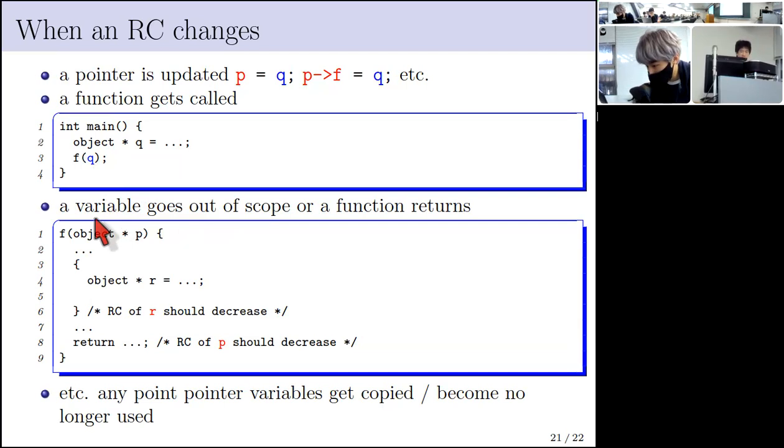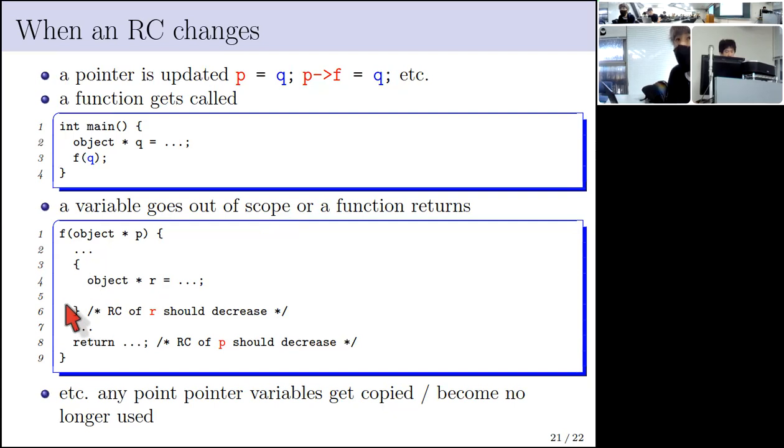And another circumstance in which the reference count changes is when a variable goes out of scope or a function returns. For example, you have a variable scoped in this block here, right? But this variable cannot be used outside this scope, right? So basically, the RC of the object pointed to by this variable should decrease at the end of this block, right?